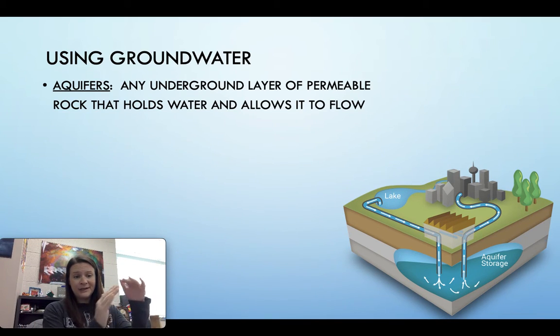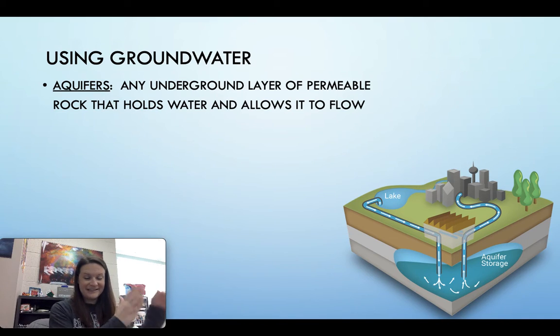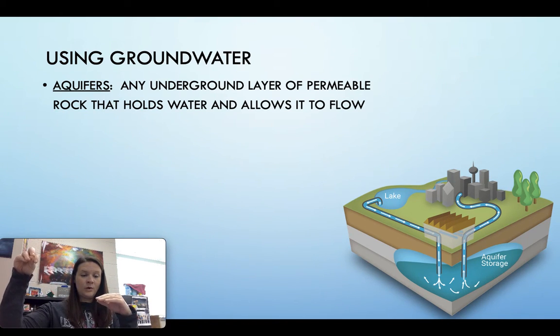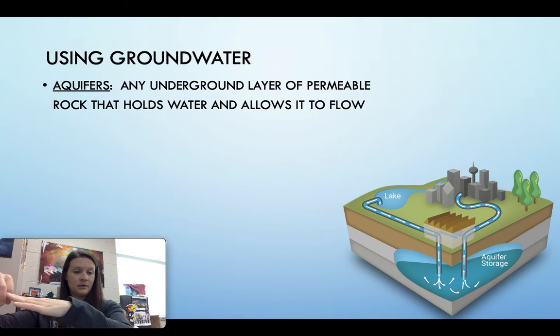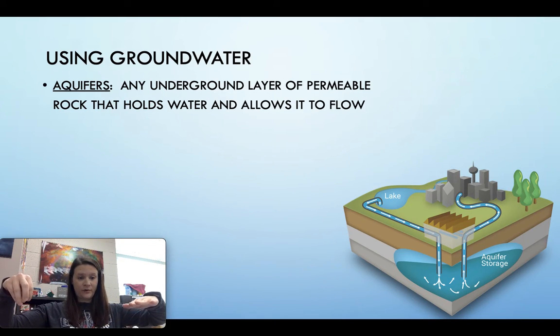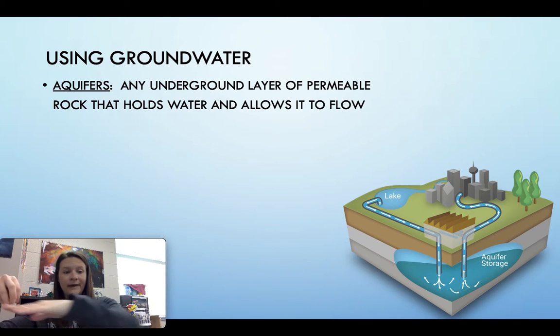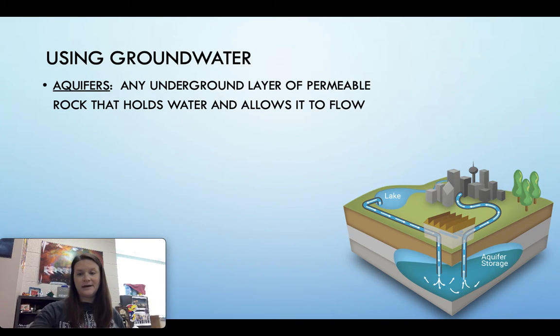It may not be like a bathtub down there as it's going fast, but if, for example, one farmer takes water out over here from a well, it will even out the aquifer, and the water that's in there will balance out, so it has the ability to move.